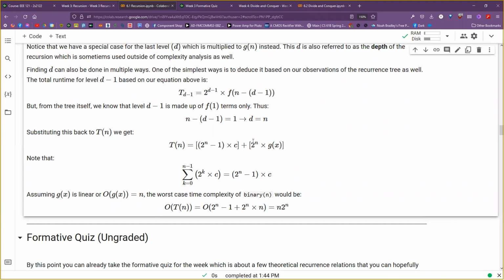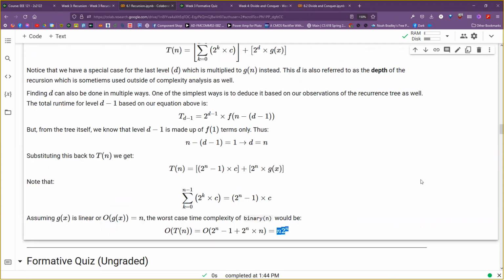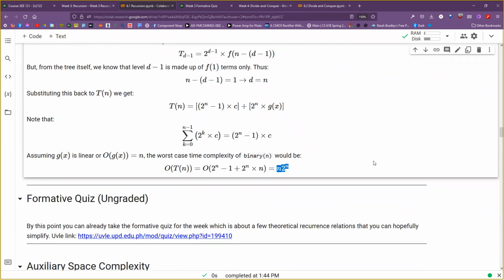And then for g of x, well, it depends on the time complexity of g of x, multiply it also by 2 to the n. And eventually, you get that our time complexity here is n times 2 to the n. So, it's a bit long.